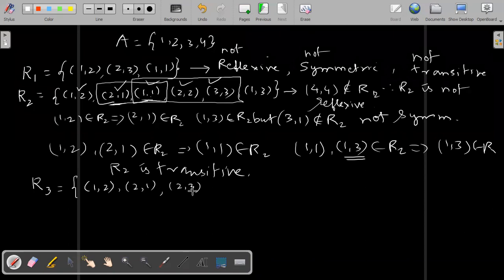Now you have to tell me just fast. All the three things you have to tell me. First 2, 2 and 3, 3. Yes, Mariam, tell me whether it is reflexive or not. Is it reflexive?